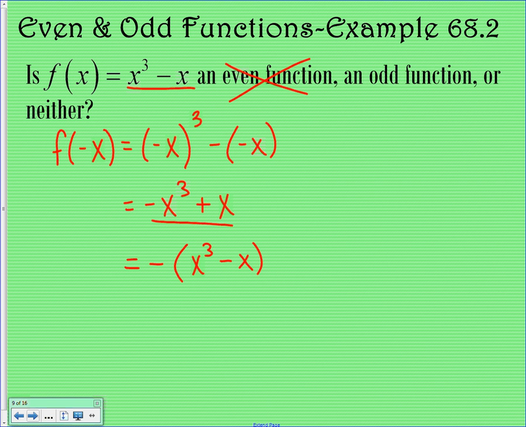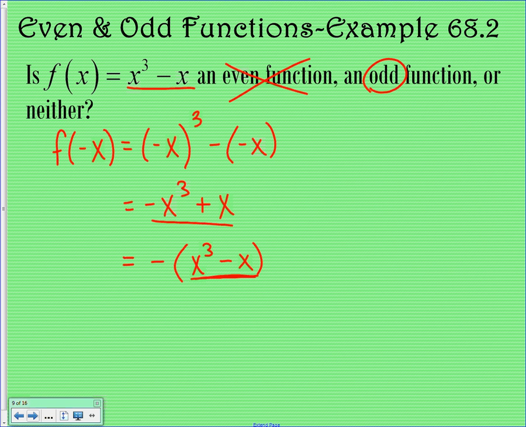If you cover up this negative here, and you're only looking at what's in the parentheses, this function here is identical to the function up there. So when we put our negative back, we have the negative of our function, and so that makes it an odd function.